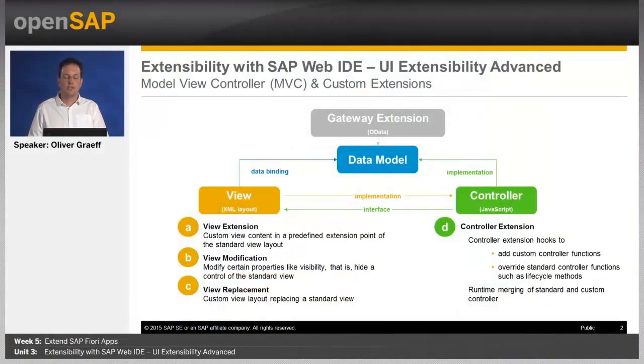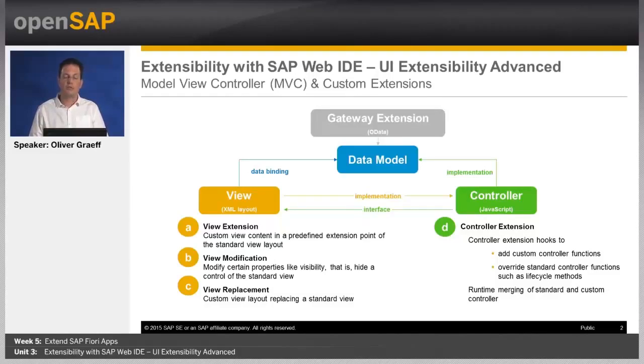This is a slide showing you the different extension features of UI5. We've seen that in a previous unit. You see the model view controller parts of a UI5 view. You see the XML view layout. You can see the data model, which we're going to handle in the next unit. And you see the controller implemented in JavaScript.